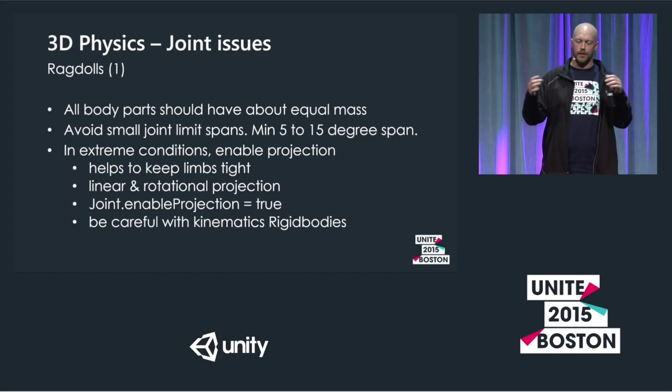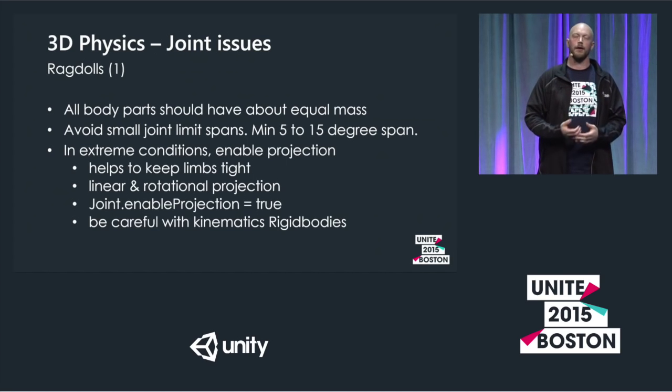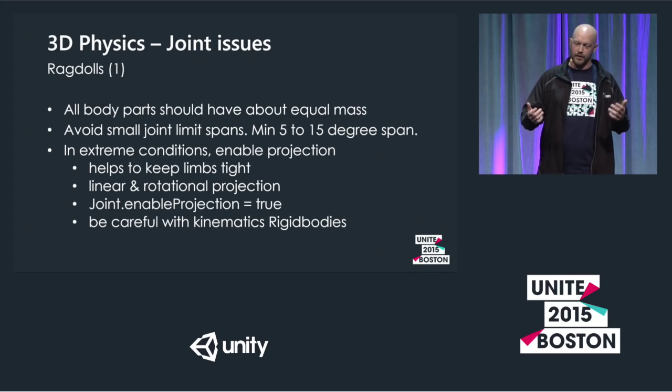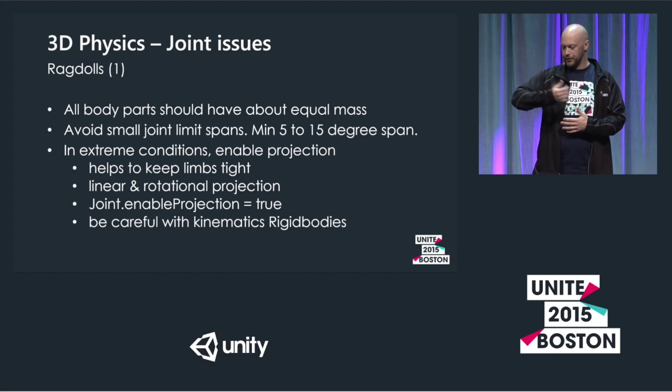So if you have a very constrained environment with a lot of guys that have ended up in weird yoga poses and a door is closing on them, then you can get jittering because things are not being solved in exactly the same way. So please go for equal mass distributions.